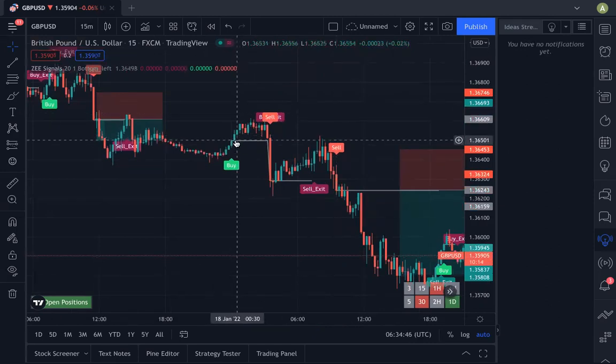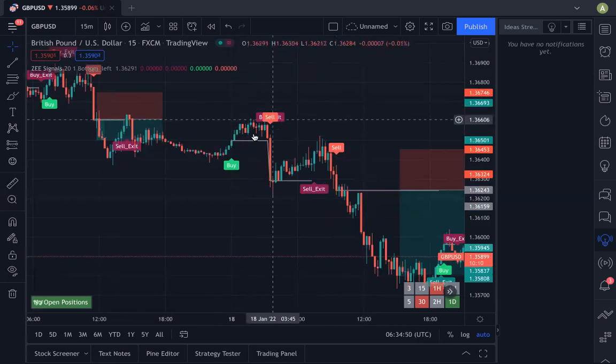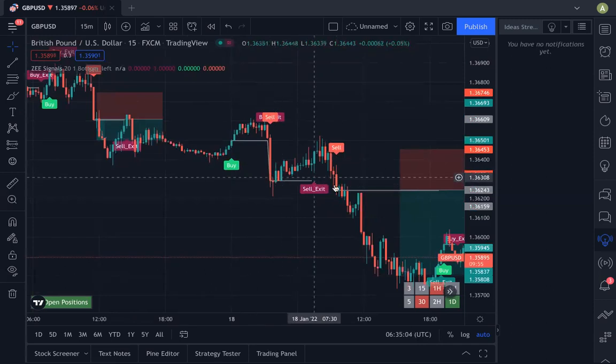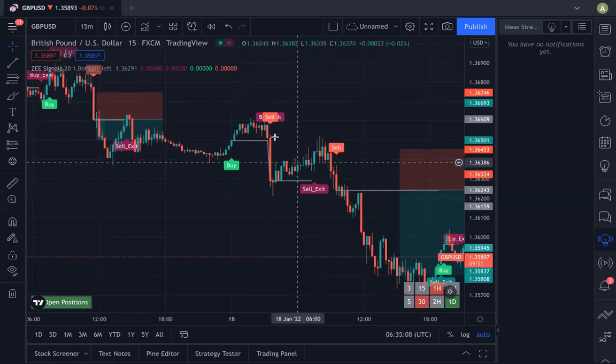You'd just be winning and winning, because if you enter here with a good break even and trailing stop, you're definitely going to exit with a profit. As you can see, the signal exited here, and we entered a sell that was exited in profit.